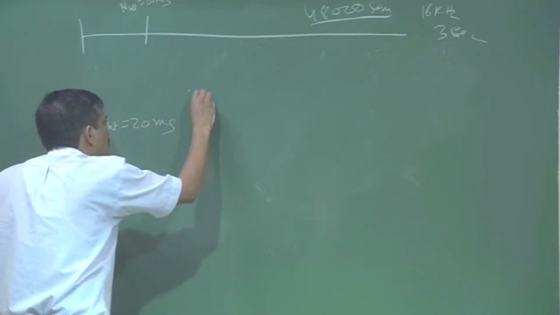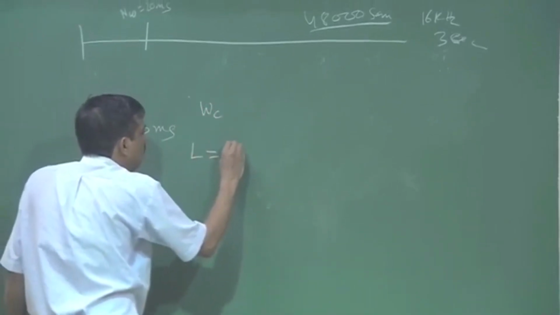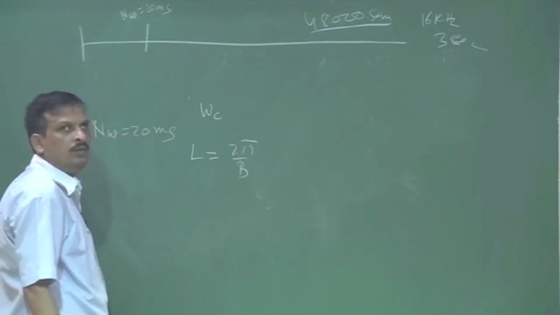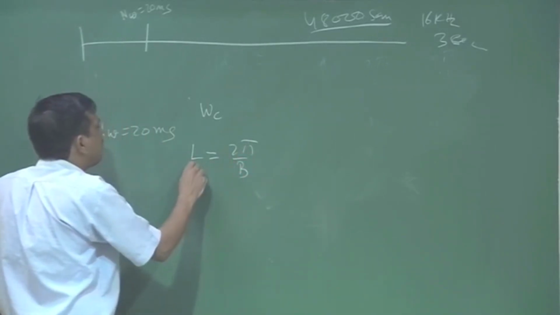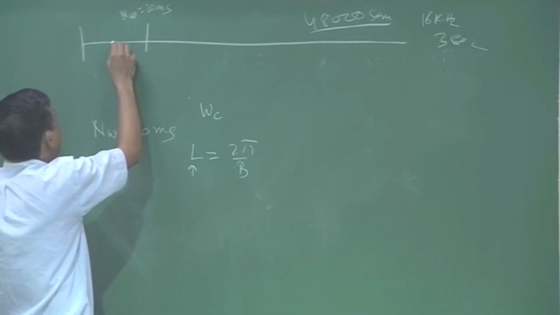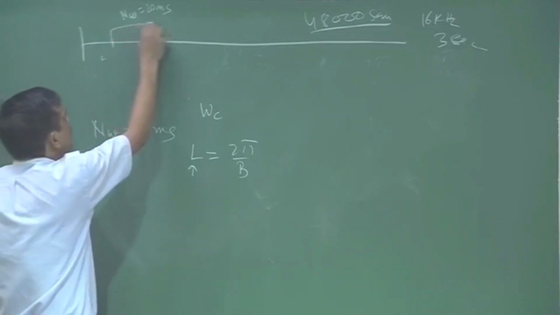Depending on the window, that defines the omega c. So L is equal to 2 pi by B. That defines what kind of shifting is possible. Then I shift the signal that way, then take another window from here to here.